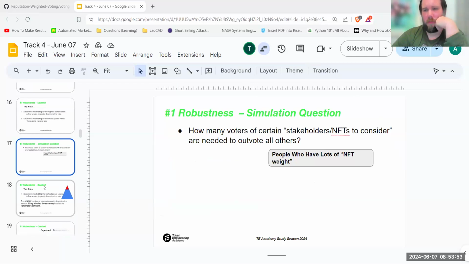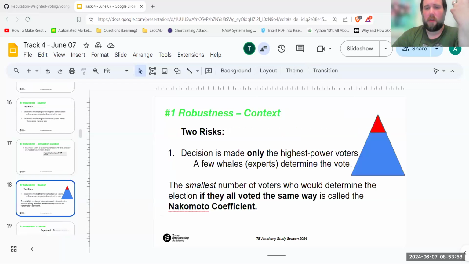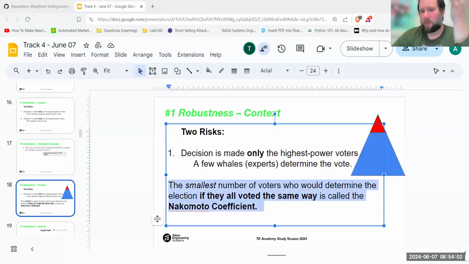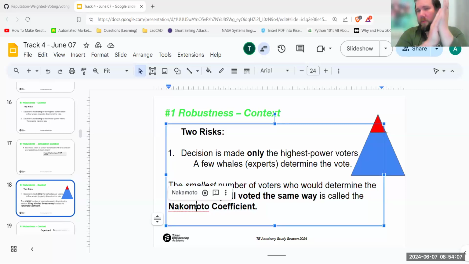And this is actually a well-known problem in decentralized systems, and you can measure this risk through a number called the Nakamoto coefficient, which originated in the study of risk to blockchain systems.